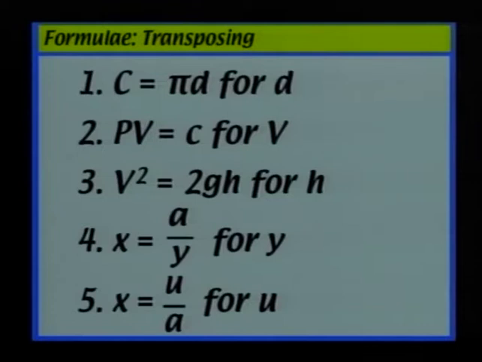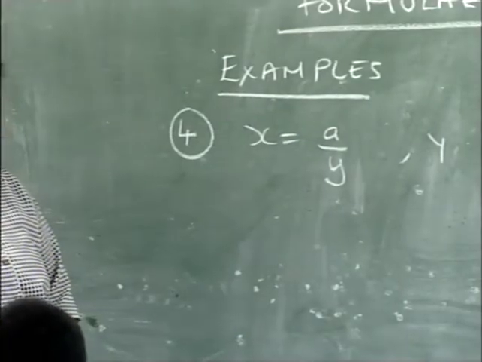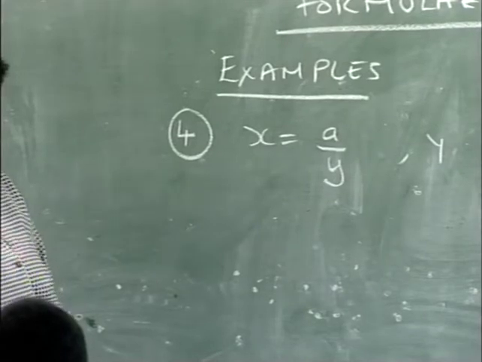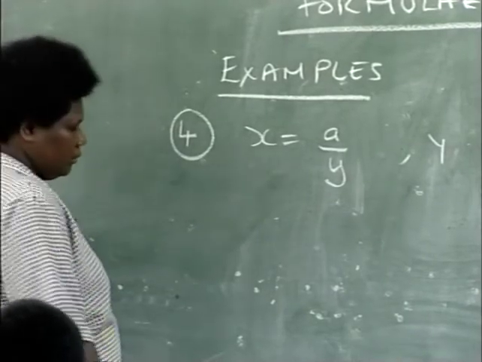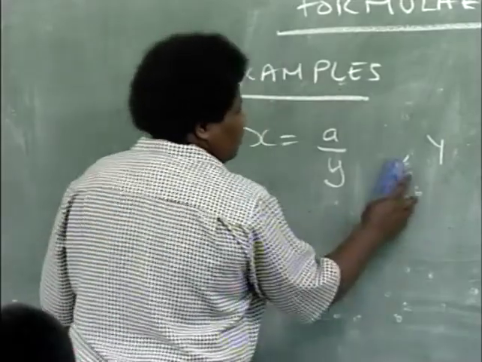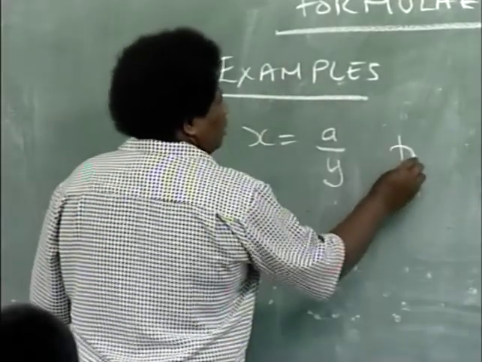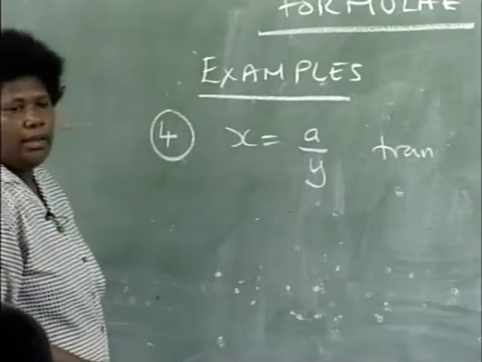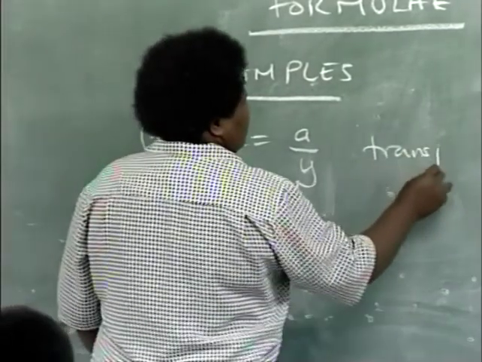Let's look at number 4. X is equal to a over y. I have to transpose the equation to make y the subject. Any idea on what we should do? Kyle, I want to make y the subject of this equation. The first step is to multiply y on both sides of the equation.